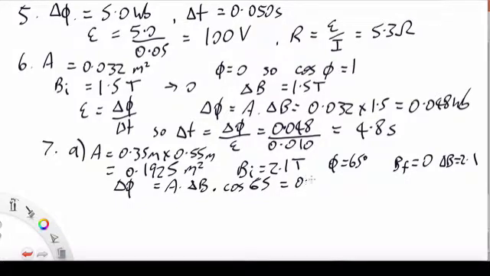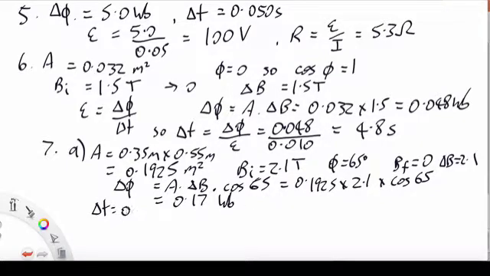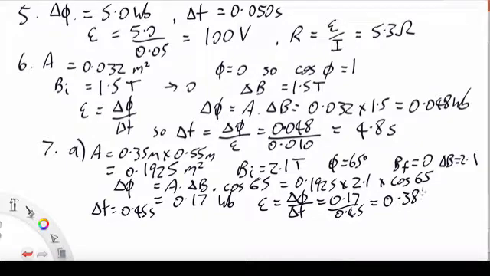So that is 0.1925 times 2.1 times cos of 65, and that comes out to be 0.17 Webers. Then we know that delta T equals 0.45 seconds, so we have EMF equals delta phi over delta T equals 0.17 over 0.45 equals 0.38 volts.